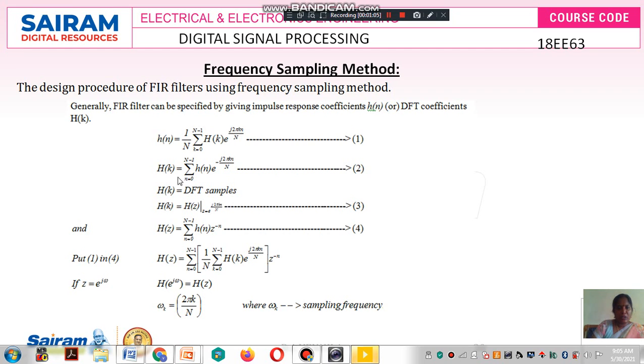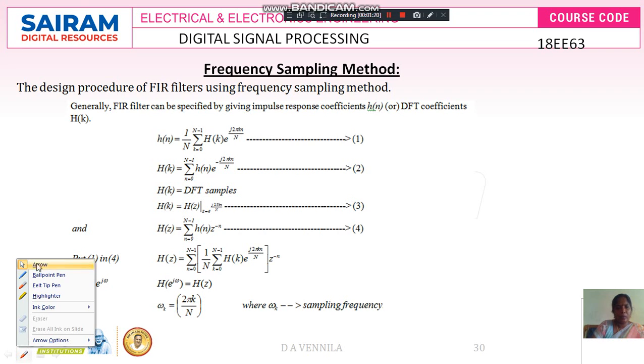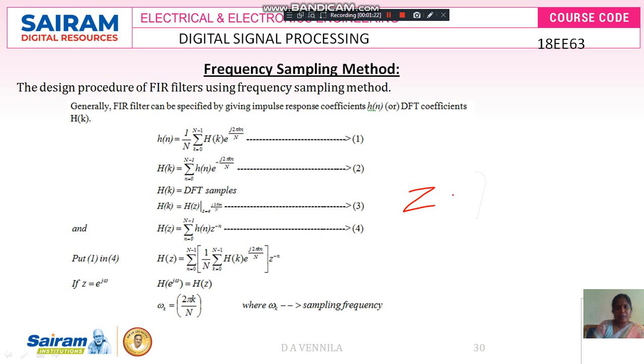So this H of k is nothing but the DFT samples. What is the relationship between this H of k and H of z? Here z is equal to e power j 2 pi k divided by capital N, that is the relation.